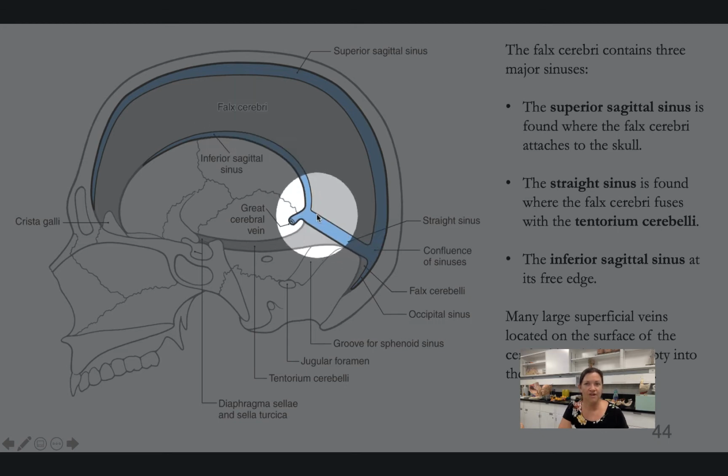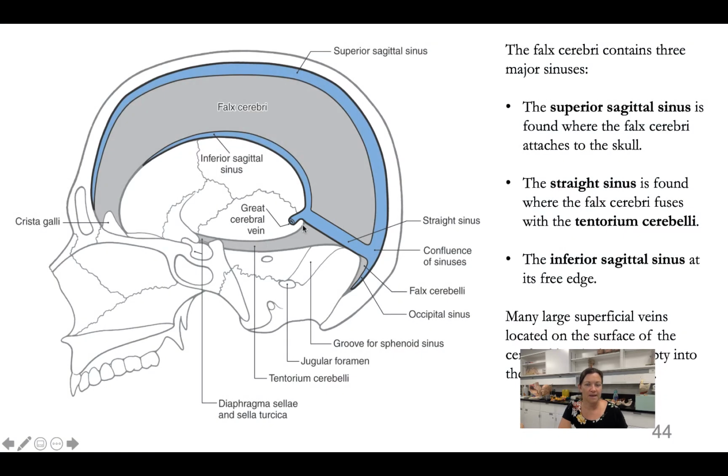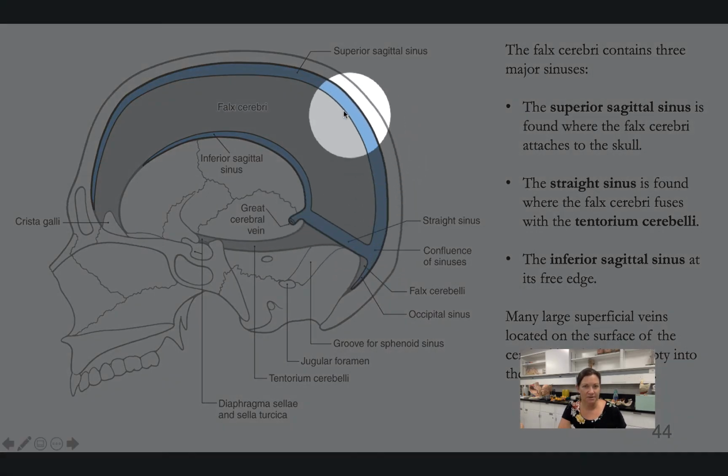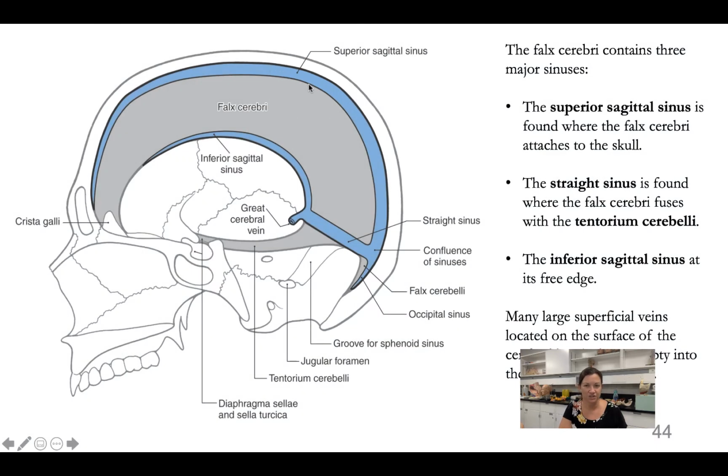And the third, I've already mentioned, is the straight sinus, between the junction of the falx cerebri and the tentorium cerebelli. Many of the veins on the surface of the cerebral hemispheres empty into the superior sagittal sinus, so this is a really large site of venous drainage.